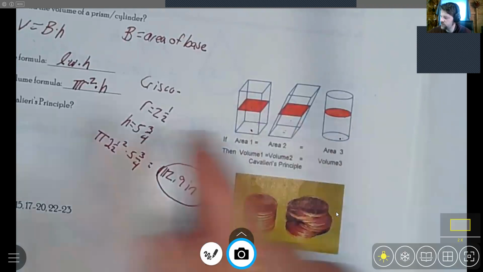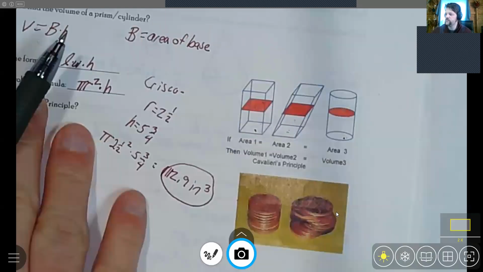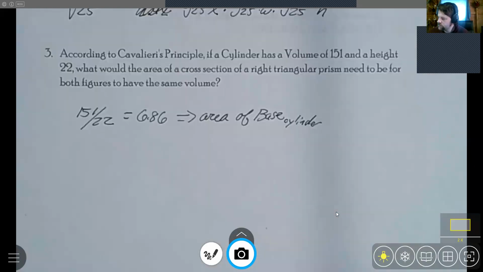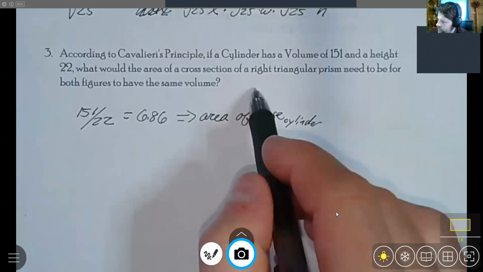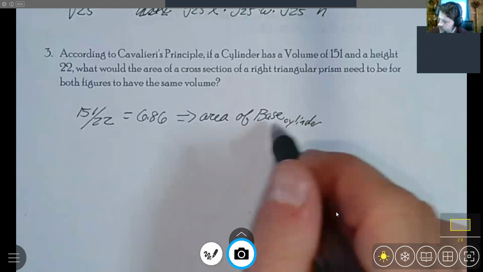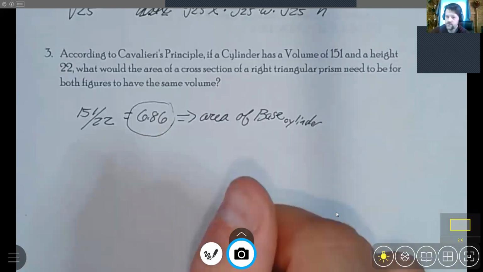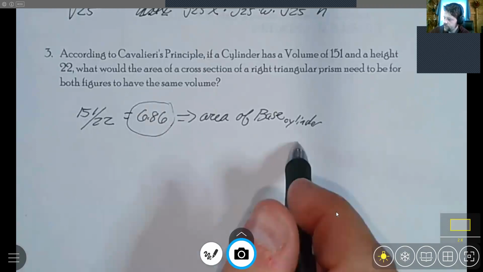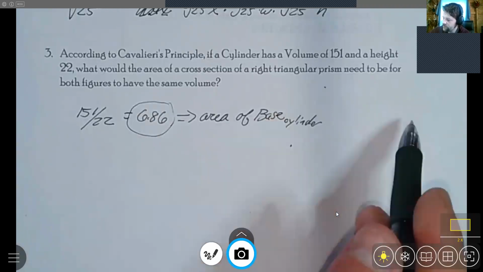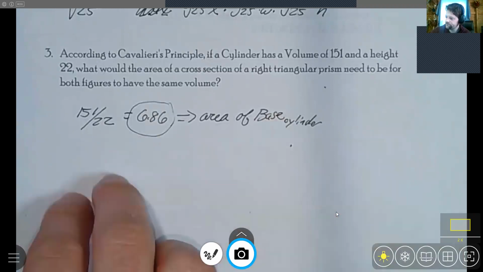So this is the idea with Cavalieri's principle. So we know that for our right triangular prism, the cross-sectional area is going to be 6.86, just like it was in the cylinder, for the prism to have the same volume of 151.